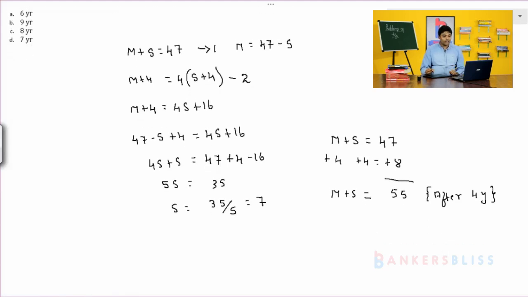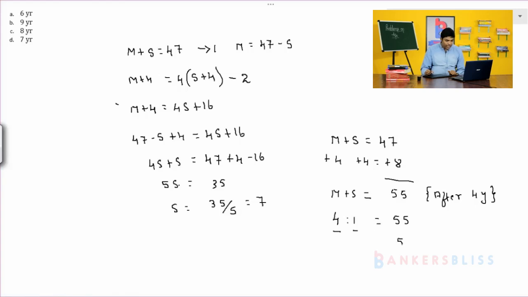After 4 years, what is the ratio they have given? After 4 years the ratio is 4:1. So you divide 55 in the ratio 4:1. 4 plus 1 is 5.